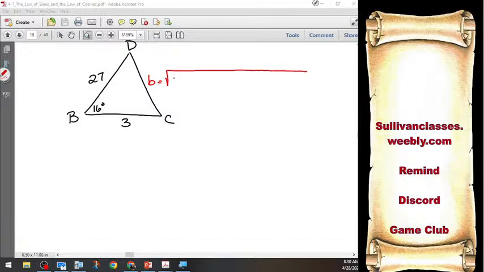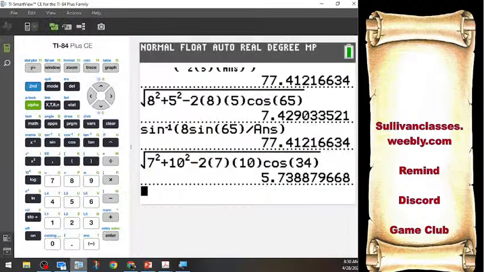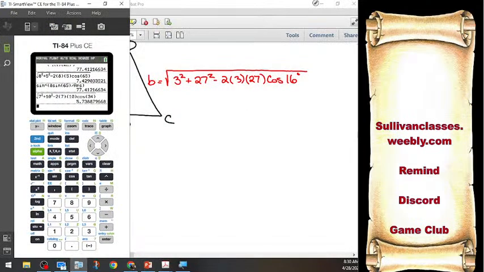The square root of 3 squared plus 27 squared minus 2 by 3 by 27 by the cosine of 16. Jam it in, do the thing. 24 and change.